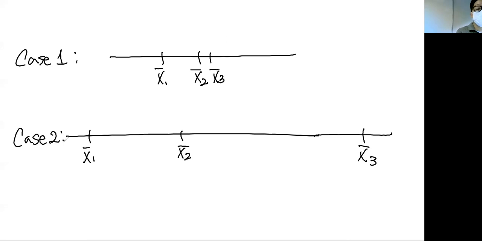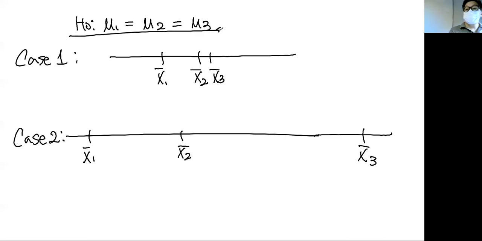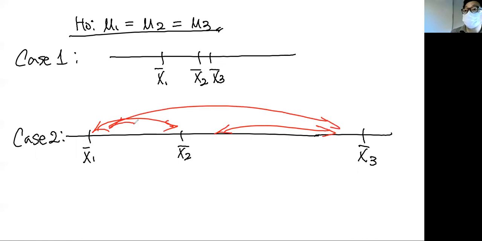What do we want to do? Always the null hypothesis is mu1 equals mu2 equals mu3. Now, which one has more chance to reject the null hypothesis? Case 1 or case 2? How do you think? Case 2, because they are farther apart, right?